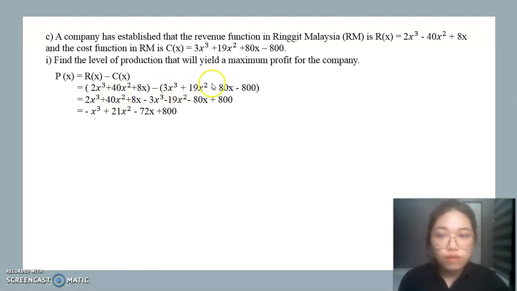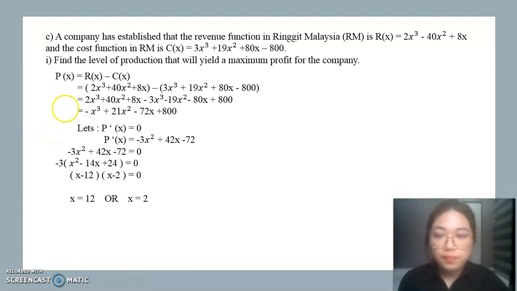Then we solve the equation and get the profit function, which is negative x cubed plus 21x squared minus 72x plus 800.